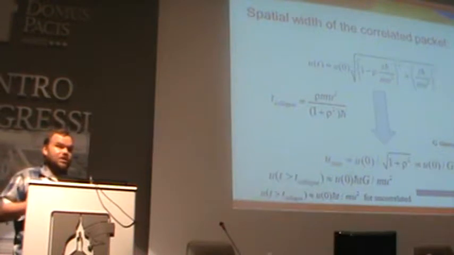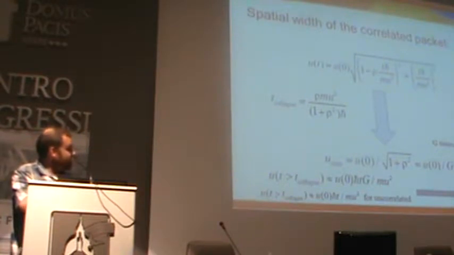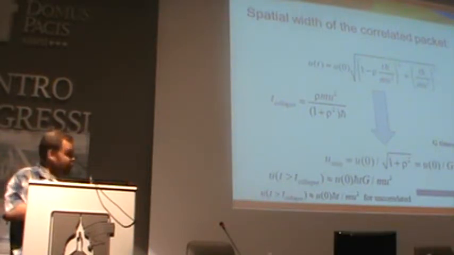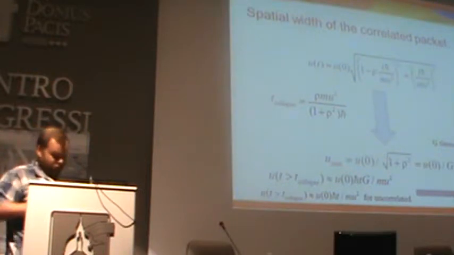If we have g equal to 10 to the power 4, 10 to the power 5, then we have a great decrease, a great squeezing of this packet. And after the collapse, the width is increasing g times, so we have squeezing and spreading. We can compare it with an uncorrelated wave packet, where there is no such coefficient.